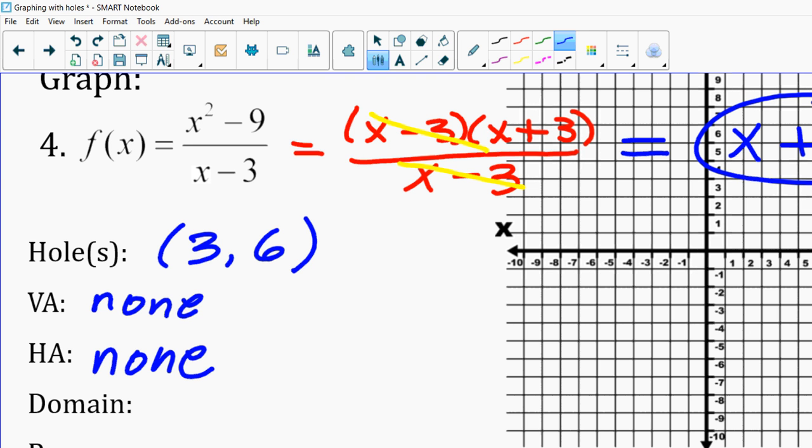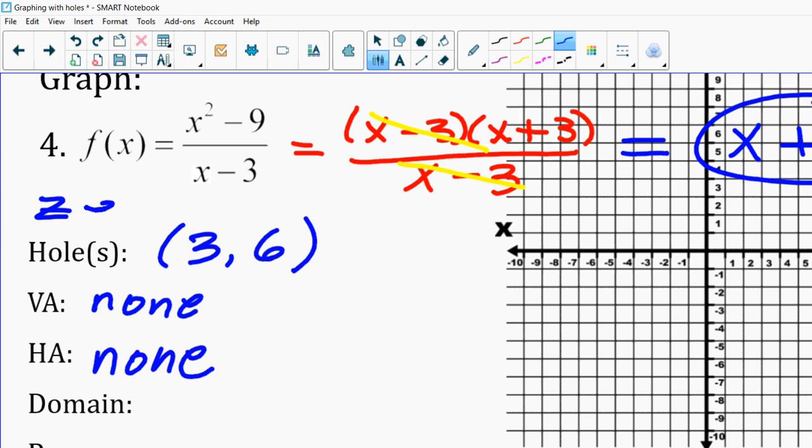Where'd you get negative 6? I was thinking 3 and then x. I thought that was negative 3 plus 3, which got 0. So then I did negative 3 plus negative 3. Got negative 6. Okay.